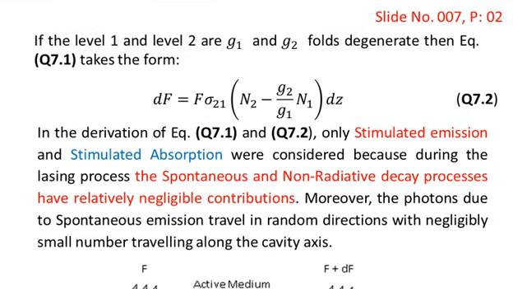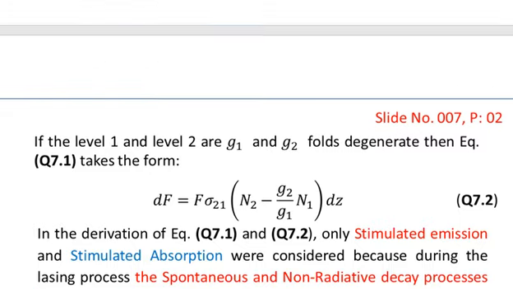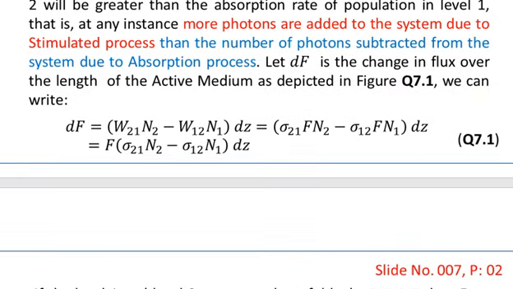If level 1 and level 2 are G1 and G2 fold degenerate, then equation 7.1 takes the following form as given in 7.2. Here we are talking about the degeneracy, that is, level 2 is G2 times degenerate, and level 1 is G1 times degenerate. So what we have to do is, in equation number 7.1, replace sigma 12 by G2 over G1 into sigma 21.